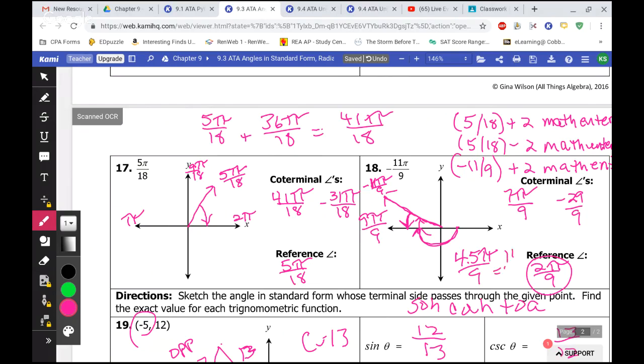Because that's the equivalent of pi over 2. Does that make sense? And that's what this is up here. So that would be 4.5 pi over 9 there from the homework. That's why I was trying to explain that, and I was like, oh, if I write a decimal and a fraction, they're going to hate me forever.